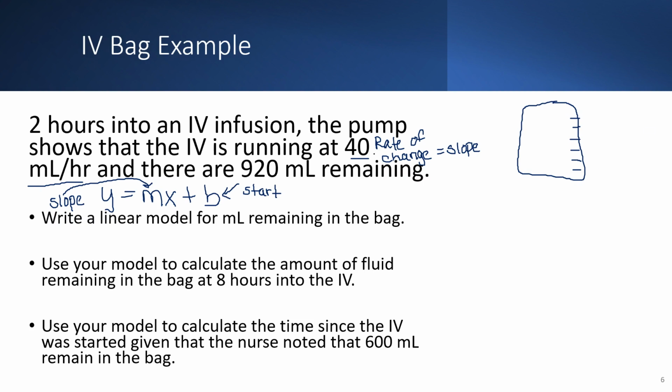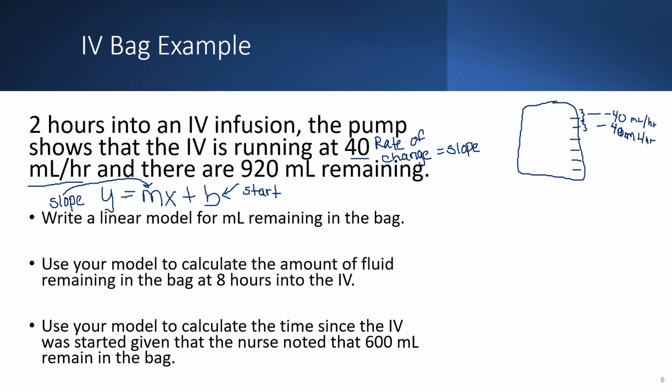But what's happening is that the IV is running at 40 mLs per hour, so whatever the fluid level was at the beginning, it dropped by 40 milliliters over the course of an hour. And then it keeps running, so it drops again by 40 milliliters per hour. And it continually does that. So that constant rate of change is what makes this linear.